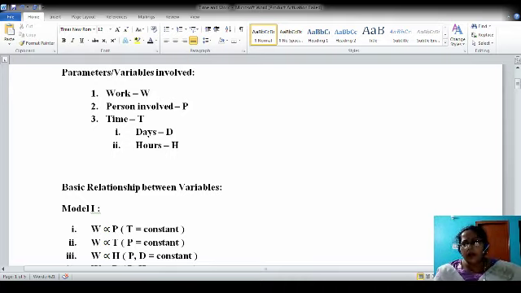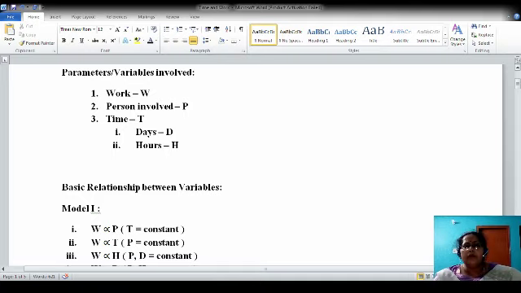I hope we understand that easily, because the more persons, the more work will be done. Next, if I keep P constant, W will be proportional to T. Again, of course, if we have more time, more work will be done, so it is directly proportional.